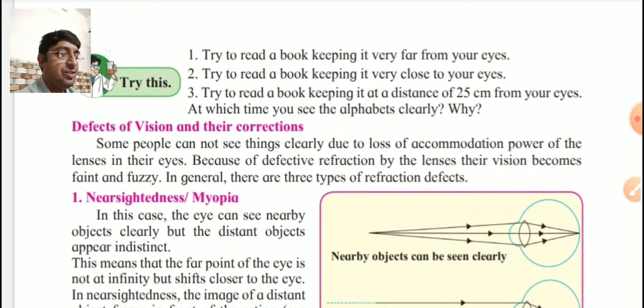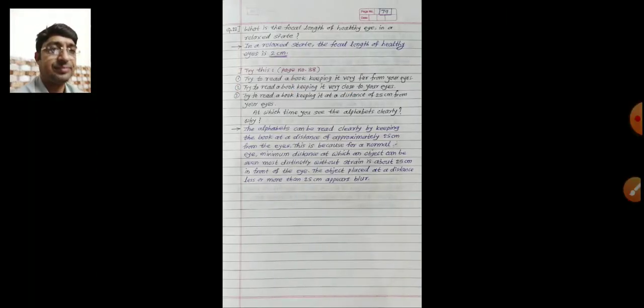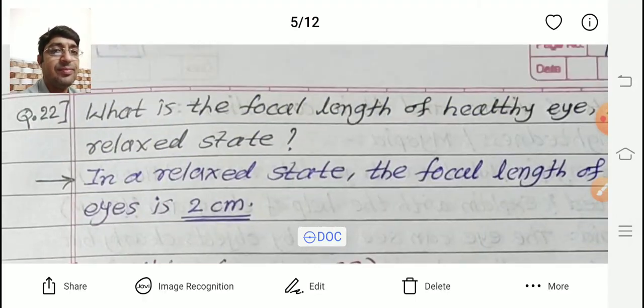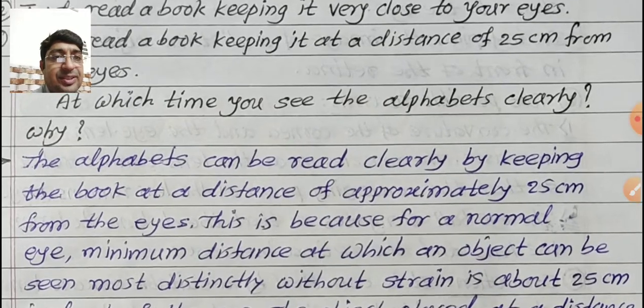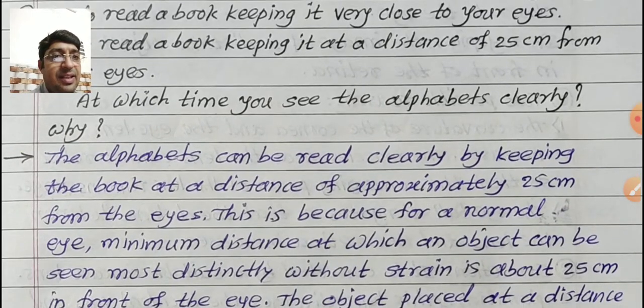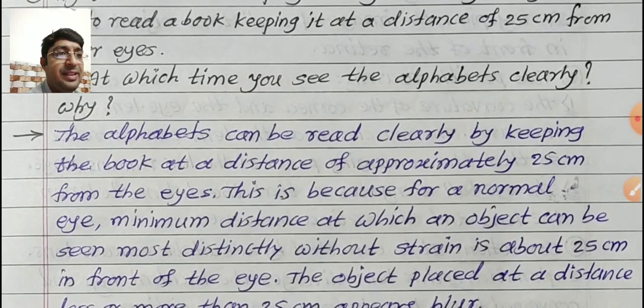So we are checking the answers of these three questions. See the explanation. The alphabets can be read clearly by keeping the book at a distance of approximately 25 centimeter from the eyes.